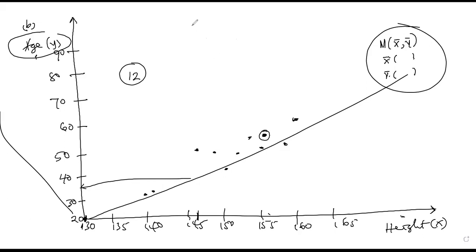The moment you draw something like this, we shall give you marks like this. Use the appropriate scale. You can jump 10 squares, 10 squares, 10 squares. Don't just use 5, 5, 5, 5. Let your graph occupy almost half a page of your paper or beyond that. Okay.